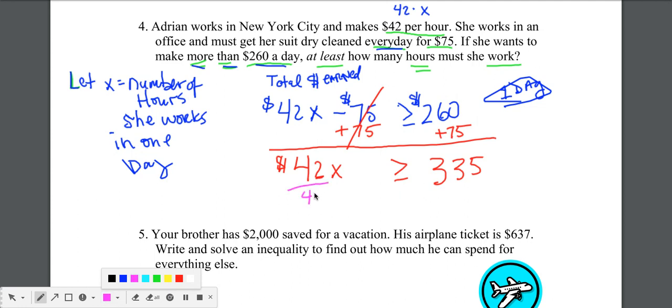So divide by 42 per hour, and so this is sort of weird and different here. X needs to be greater than or equal to 7.97 hours in order to make at least $260.